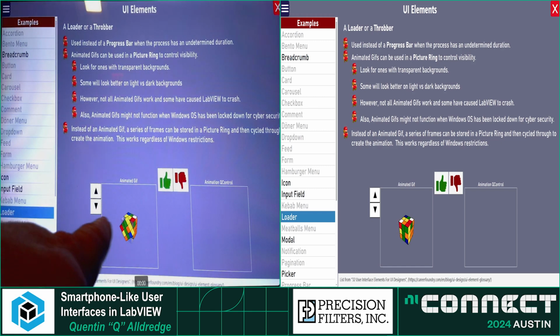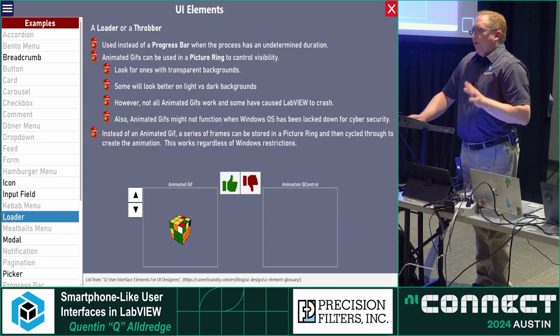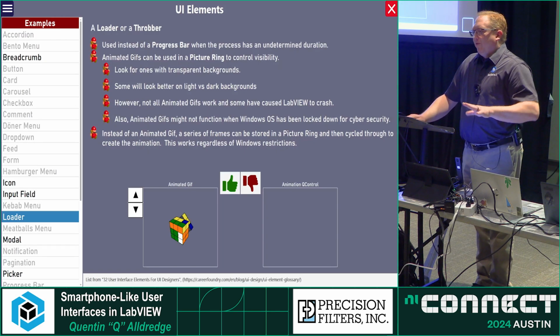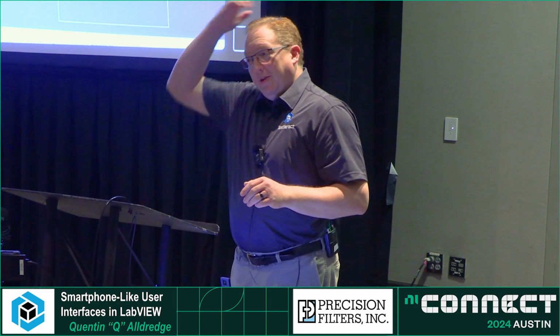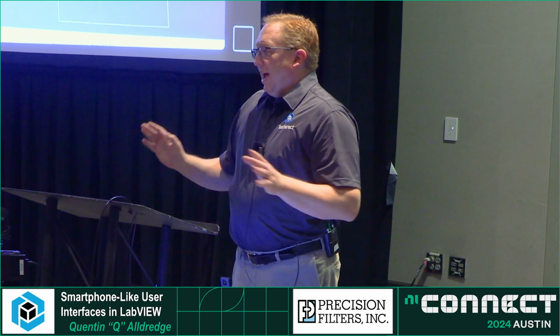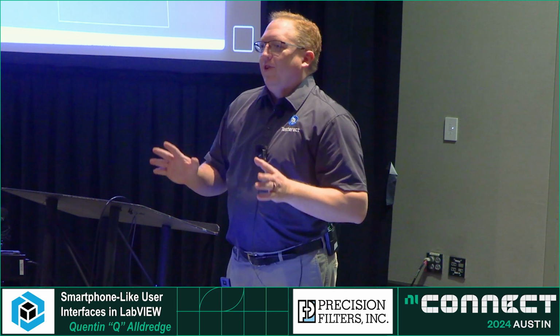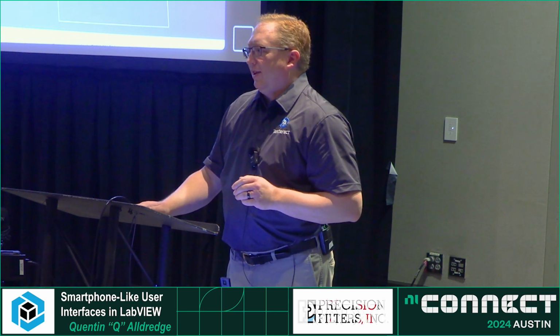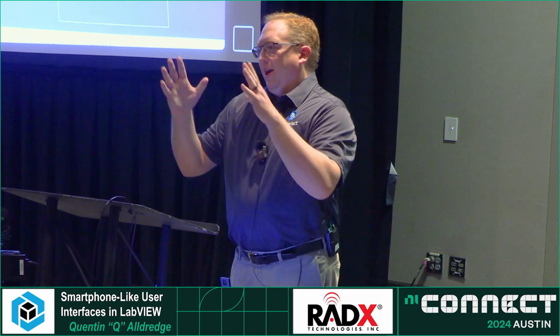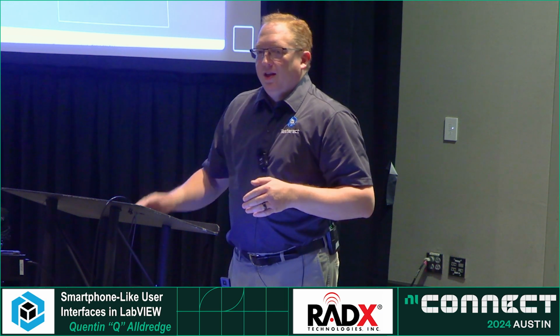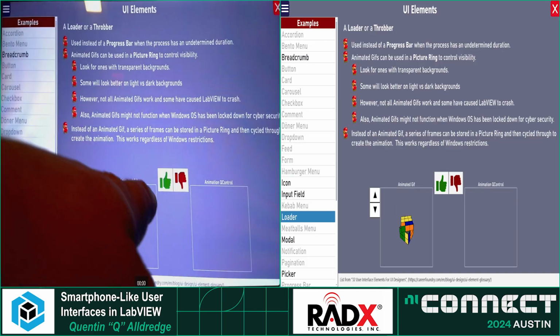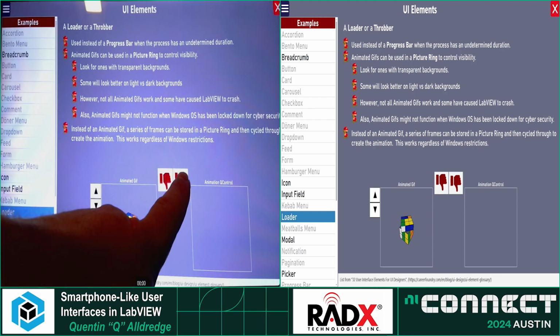Now one problem I ran into is when I was working for the Air Force, they locked down the operating system, and I don't know what they did, but the animated GIF engine, whatever runs animated GIFs behind the scenes, was locked out. And all of a sudden, my dialog box just had this big black box in the middle of it. So I had to figure out a different way to implement it.